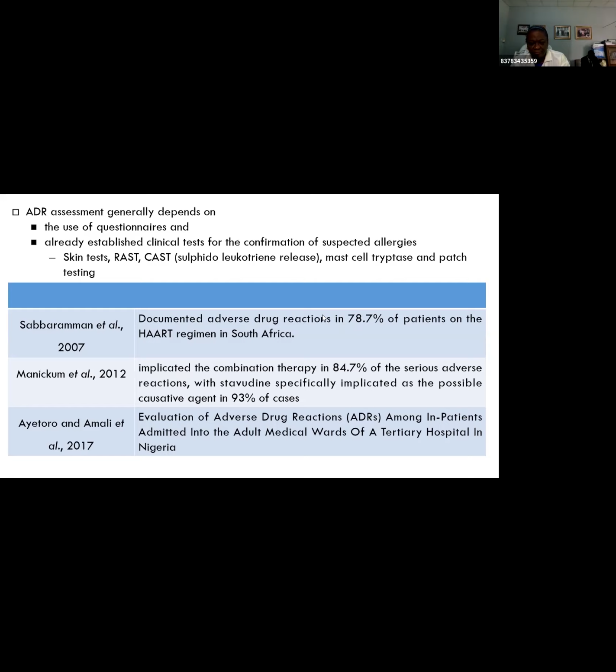And here at the University of Ilorin in 2017, the pharmacists evaluated the adverse drug reactions among inpatients in their adult medical wards and found a plethora of adverse reactions to different agents in the teaching hospital here.